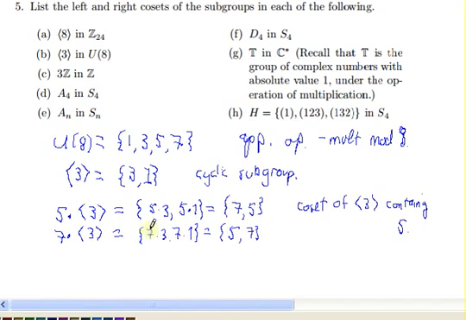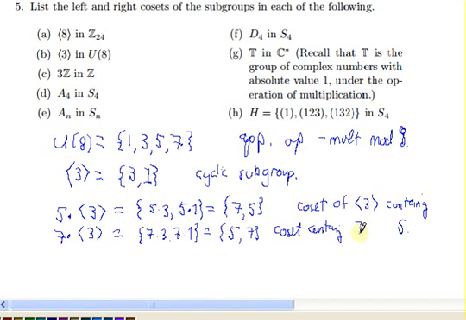Notice that if I multiply the cyclic subgroup generated by 3 by 5, I get this set, and I also get the same result if I multiply by 7. So I actually end up with the same set.